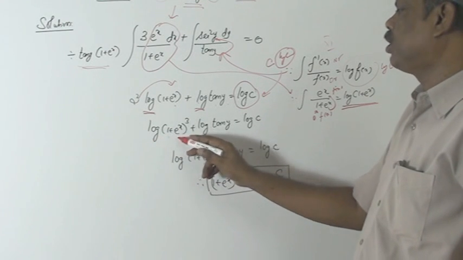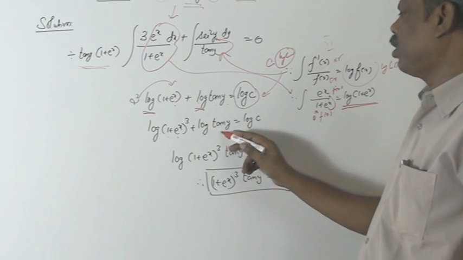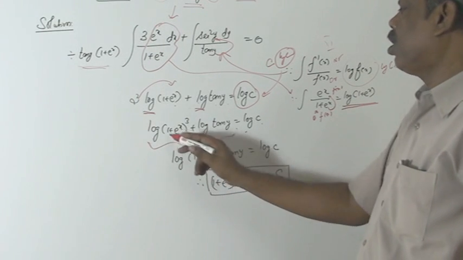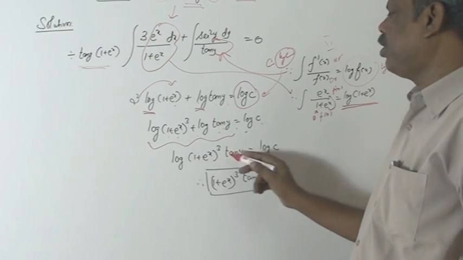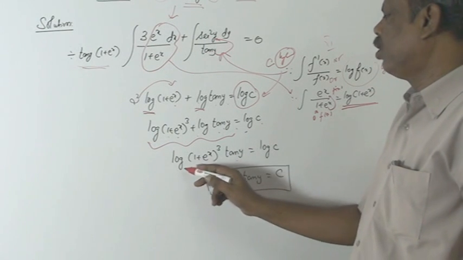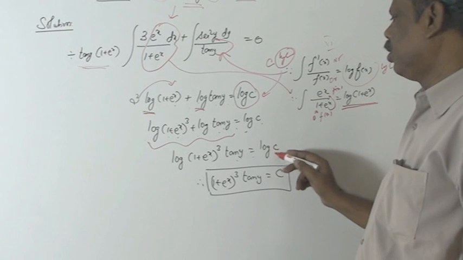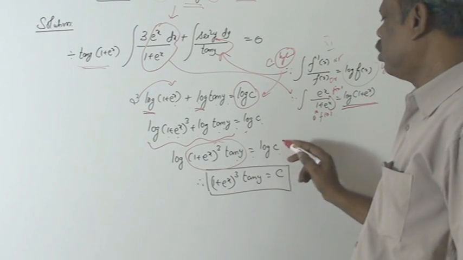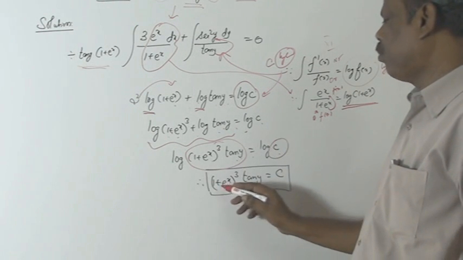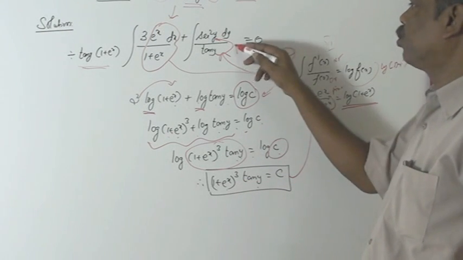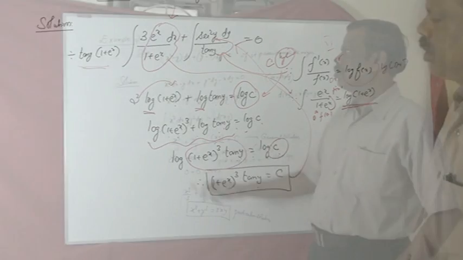Therefore, log of 1 plus e power x the whole cube plus log of tan y is equal to log of c. Now we know that in logarithm, log m plus log n is equal to log of m into n. Therefore, log of 1 plus e power x the whole cube into tan y is equal to log c. Therefore, these two values are equal. Therefore, 1 plus e power x the whole cube into tan y is equal to c. So this is the solution of this differential equation.